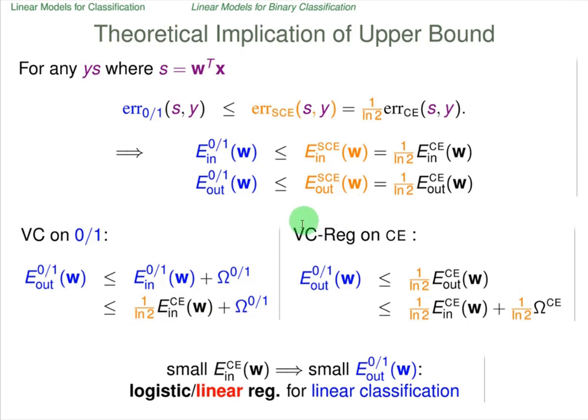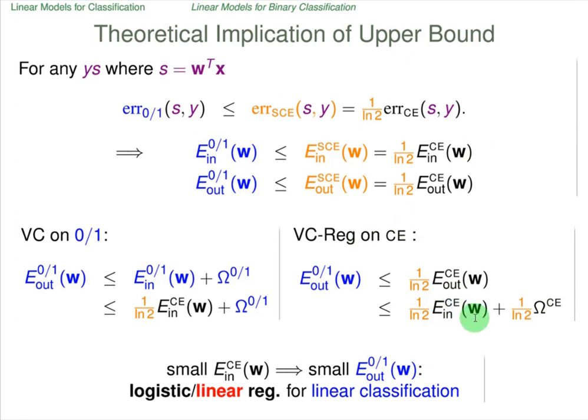Okay, so on regression as well, out of sample error of 0-1 error is upper bounded by cross entropy, which is in turn upper bounded by cross entropy plus model complexity of the hypothesis that minimizes this cross entropy. This kind of analysis is useful.